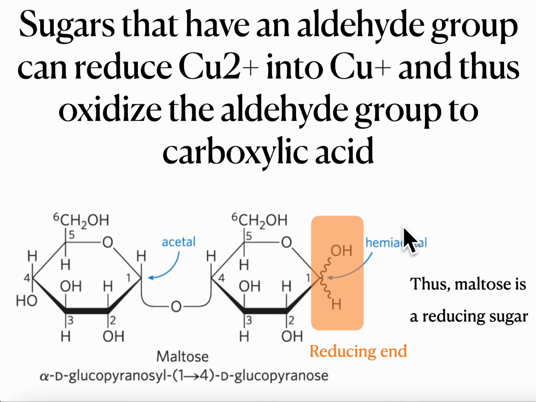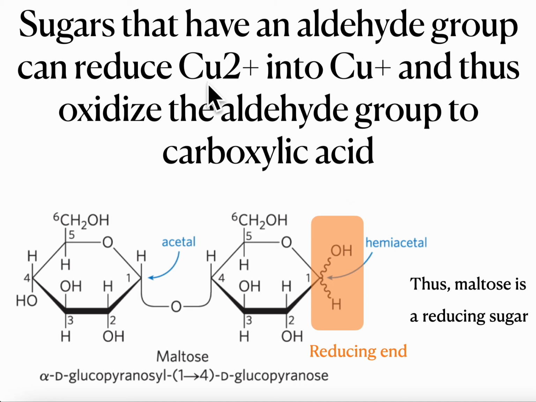So looking at the hemiacetal group on the right even more closely, sugars that have an aldehyde group can reduce copper 2+ ions into copper plus ions, and thus oxidize the aldehyde group to carboxylic acid.